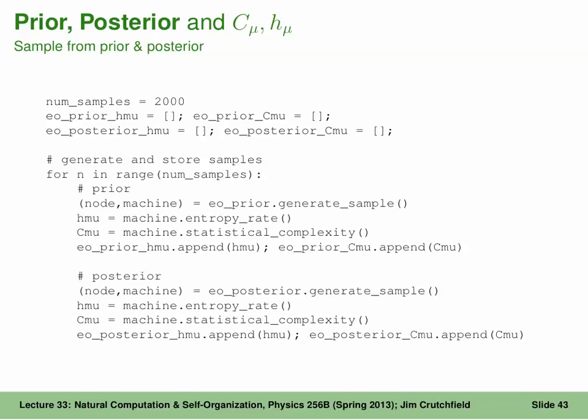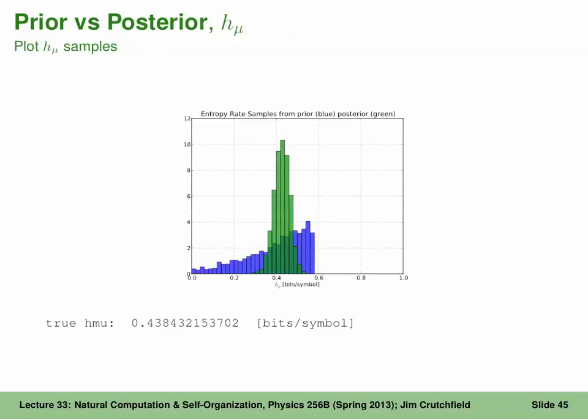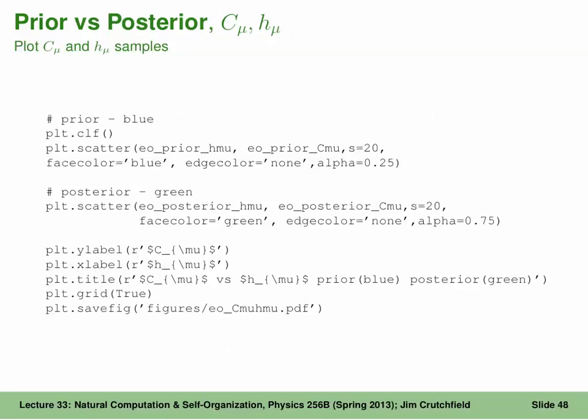I was getting a specific entropy rate and a specific C mu for that particular setting of the transition probabilities. So these things are correlated, and they reflect the structure of the even-odd process. If I plot H mu and C mu in the same plane, I'm getting the joint density over H mu and C mu for the prior or the posterior. And that's what this last slide is.